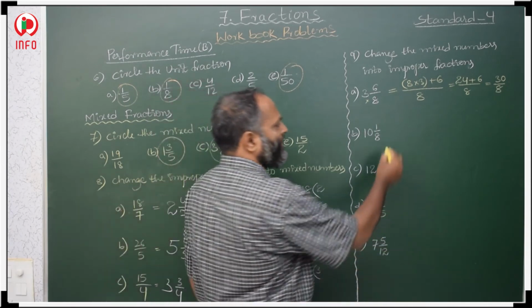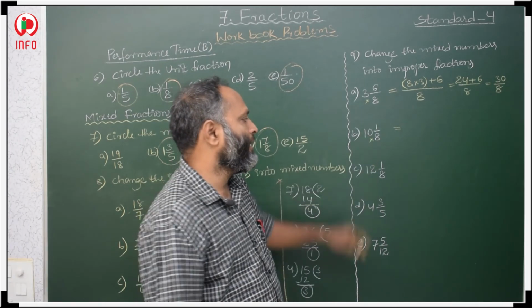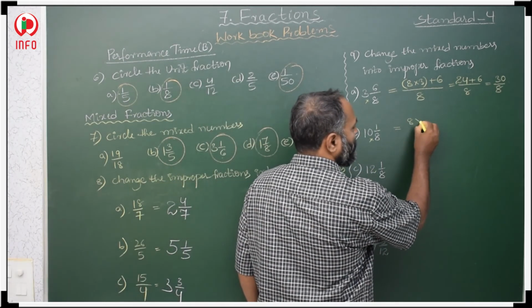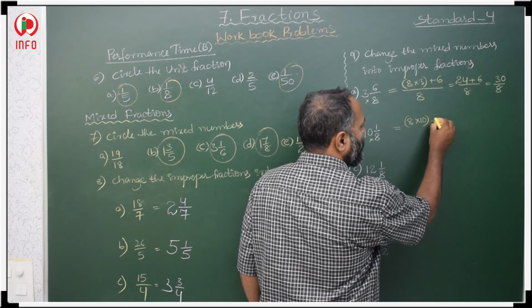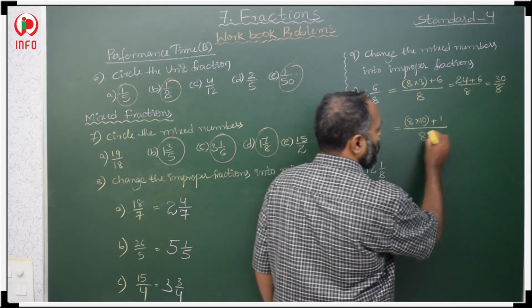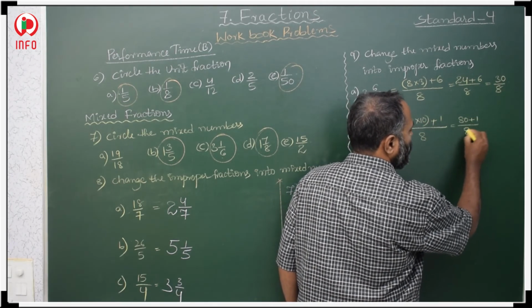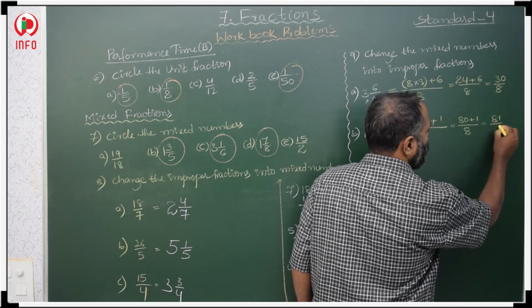Here also same. First we multiply denominator with the whole number, 8 into 10. Then plus the numerator divided by denominator. 8 tens are 80. 80 plus 1 by 8, that is 81 by 8.